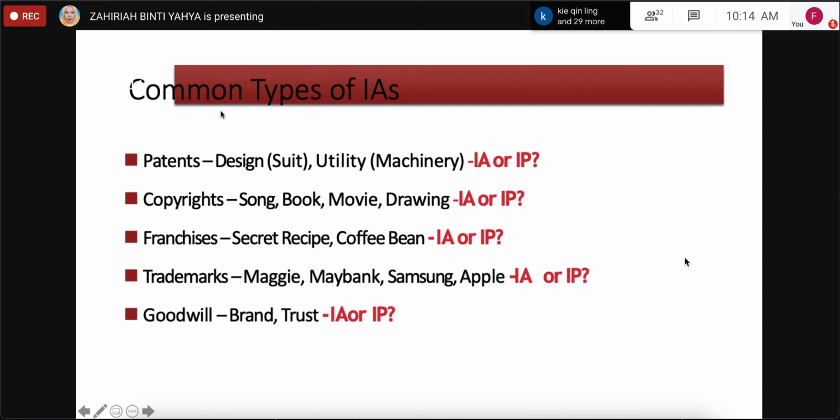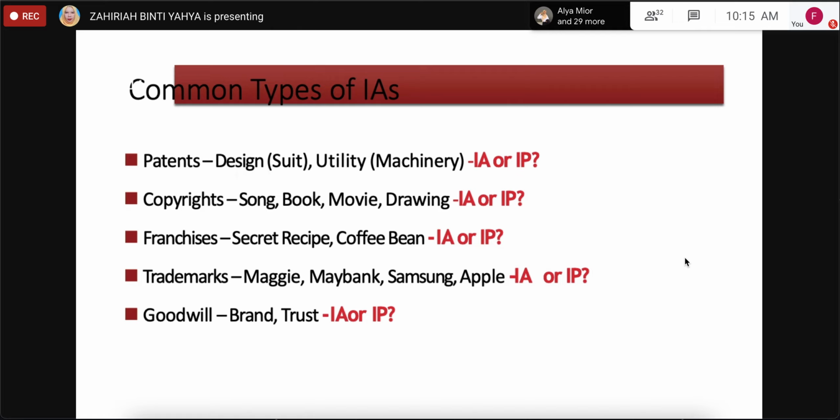Also, this is common type of intangible asset, patents. Patent ni selalu untuk mesin, kan. Kalau you develop one machine yang boleh buat, katalah whatever lah, you patentkan dia. Nak patentkan kat mana?